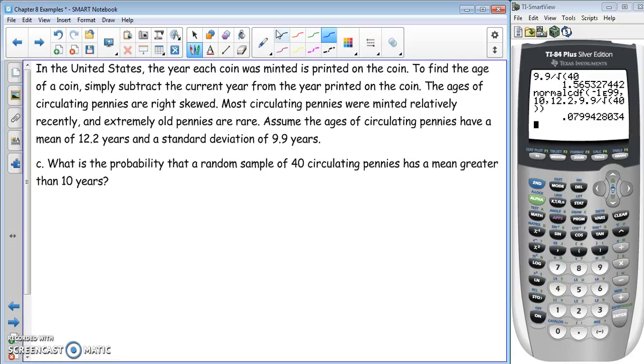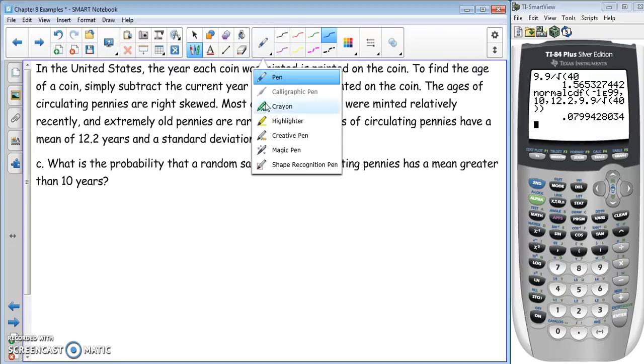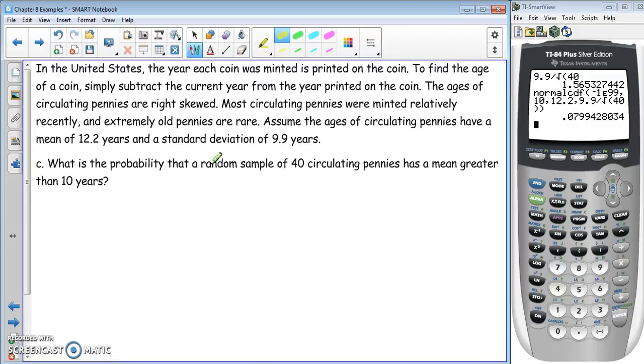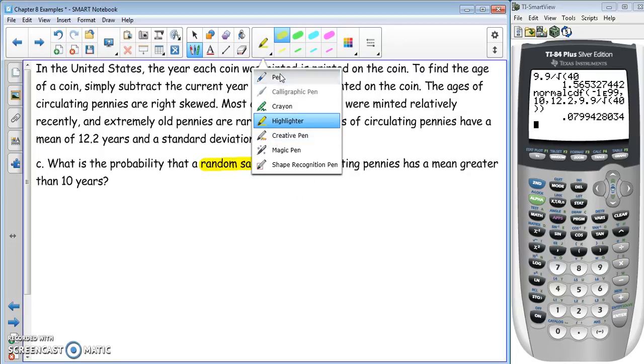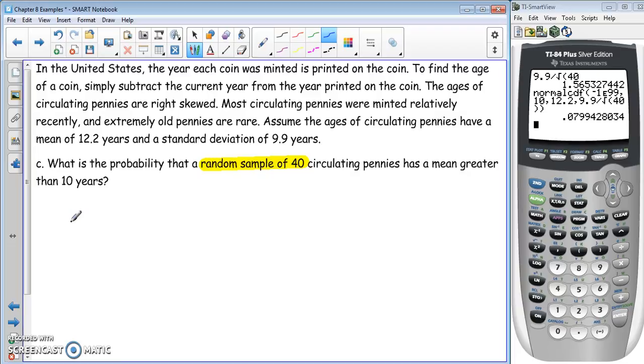For the next one, be careful here. We're going to change up the question, but we still have a random sample of 40, so our sample size is larger than 30, and we're still good. We want to know a mean greater than 10 years. Again, you can use the complement, but let's write this one out.